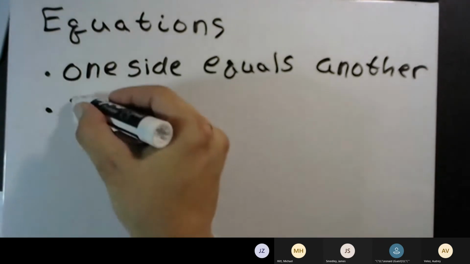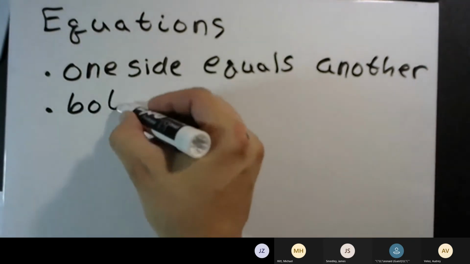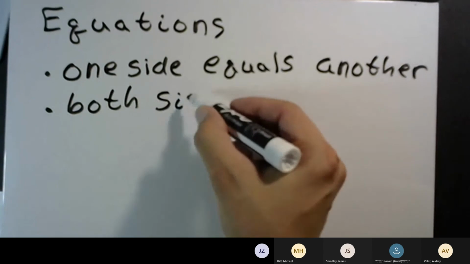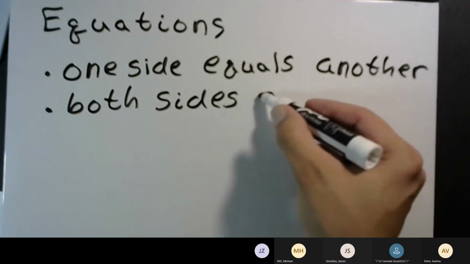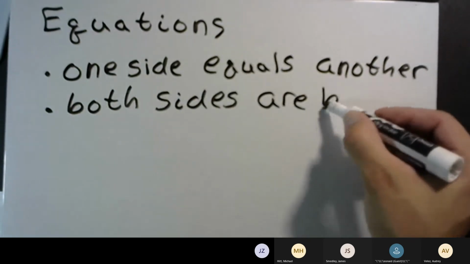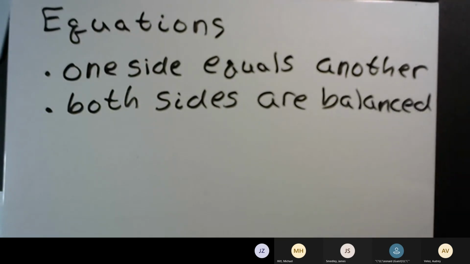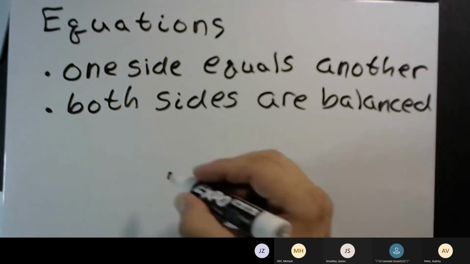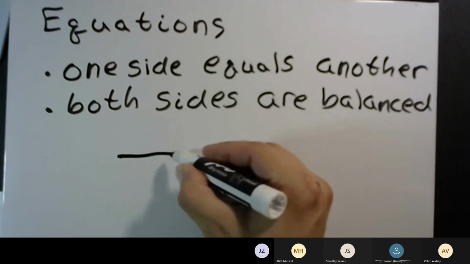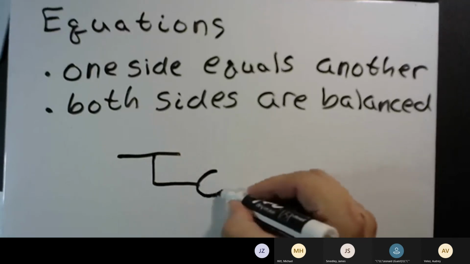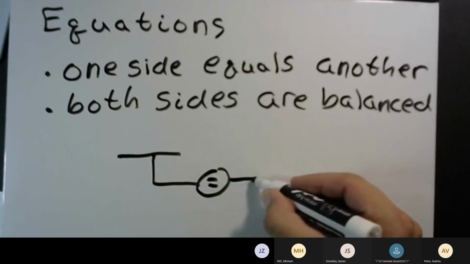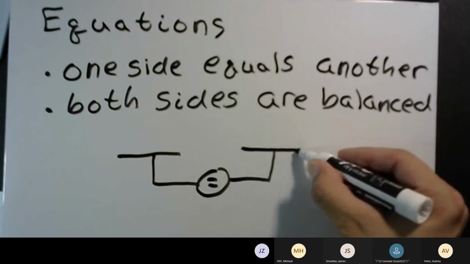Or another way of thinking about it, both sides are balanced. Both sides are balanced. So the way to think of this, it doesn't matter what the two sides look like for them to be balanced.